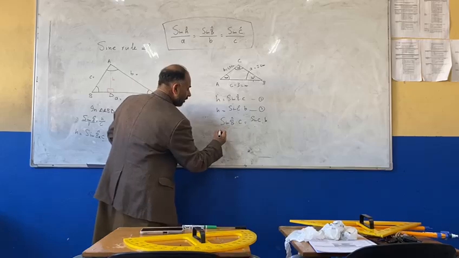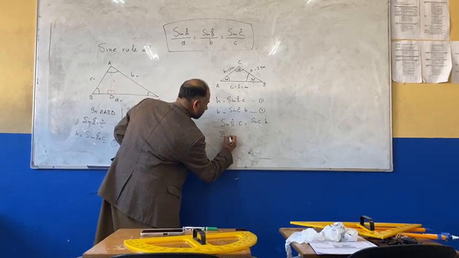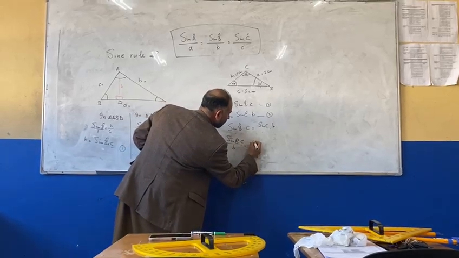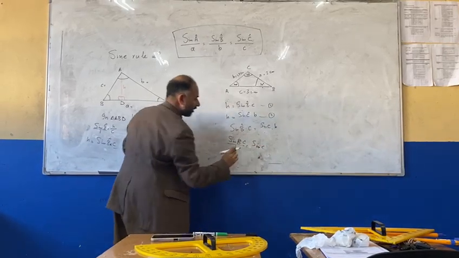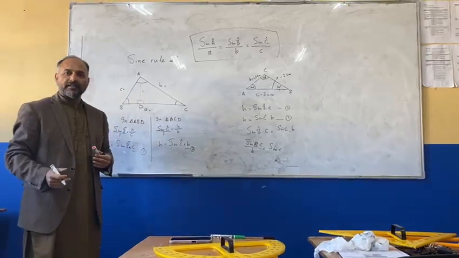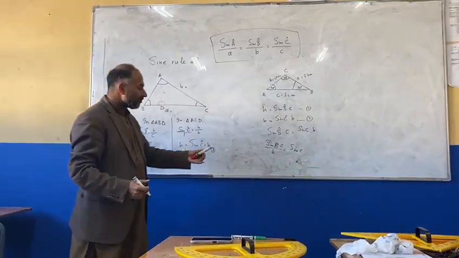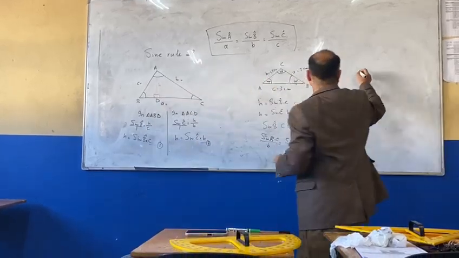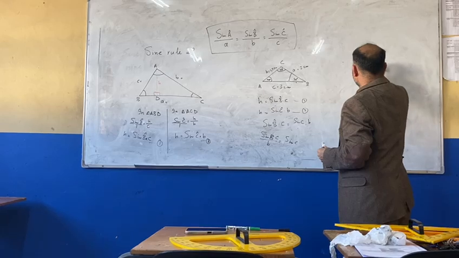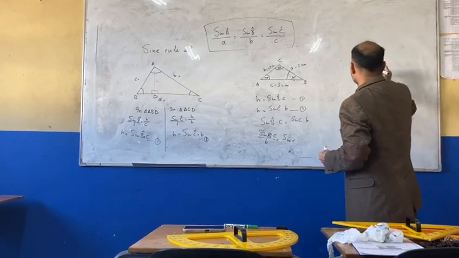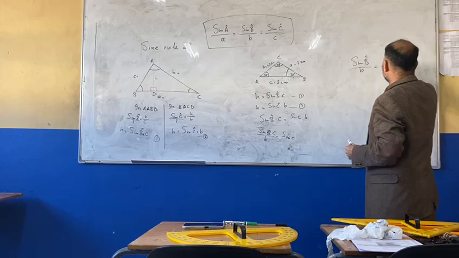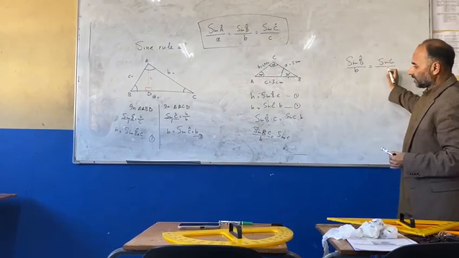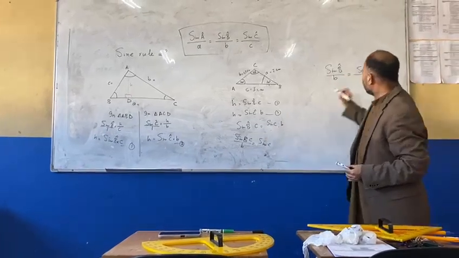I am bringing this b to the other side and you are left with sine C only on the right hand side. When I shift, sine B divided by b is equal to sine C. We are going to bring this c to the other side.